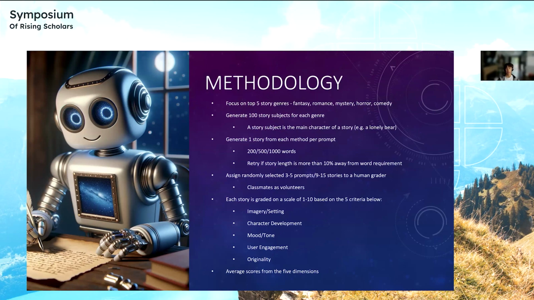And I have to make sure that the story length is within 10% of that given word requirement. After that, I randomly assign 3 to 5 prompts or 9 to 15 of those stories to a human grader. Those human graders were my classmates who I recruited as volunteers. And each story is graded on a scale of 1 to 10 based on the 5 criteria below, as you can see. And to get a composite score, we just average the scores from all 5 dimensions.